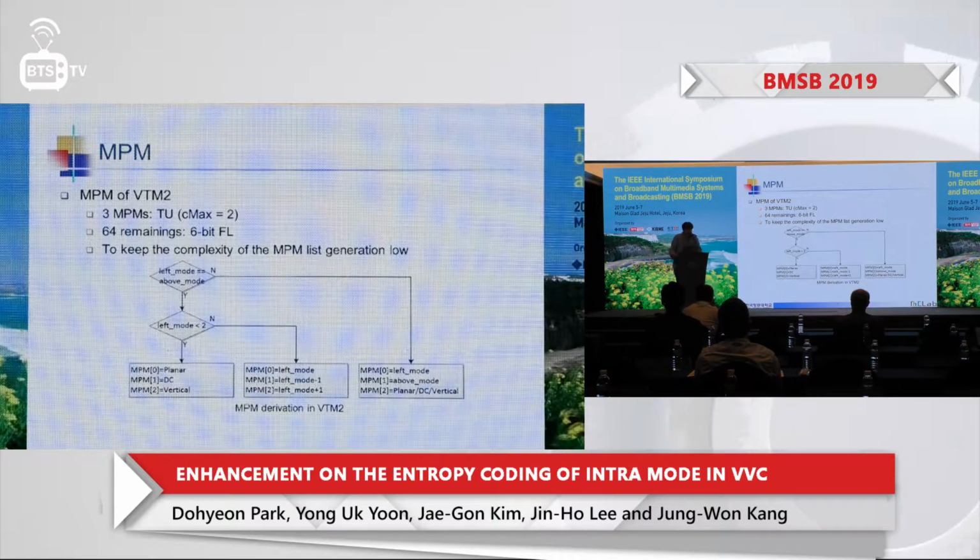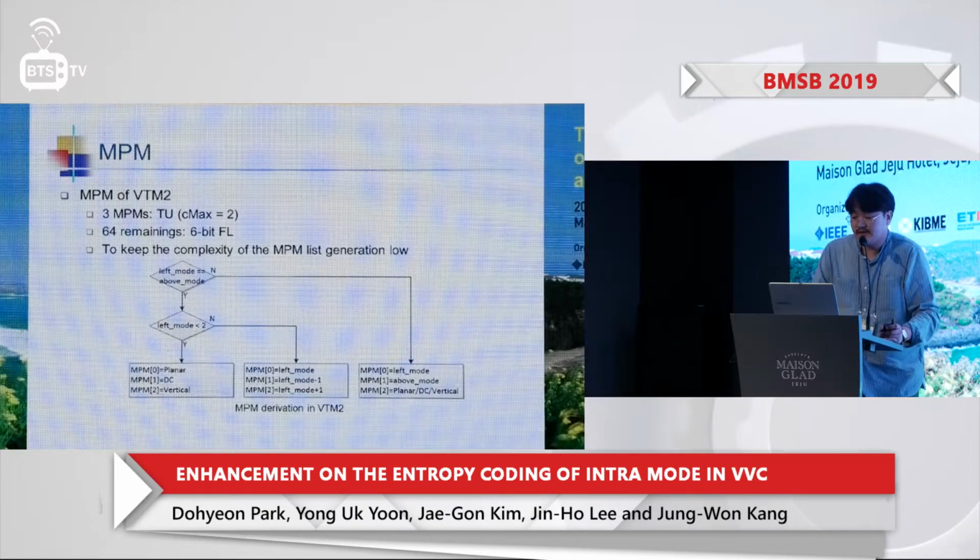Go back. If the left mode is not a non-angular mode, then MPM 0, 1, 2 are assigned the left intra mode, left plus 1 mode, and left minus 1 mode respectively. Go back to the first condition.